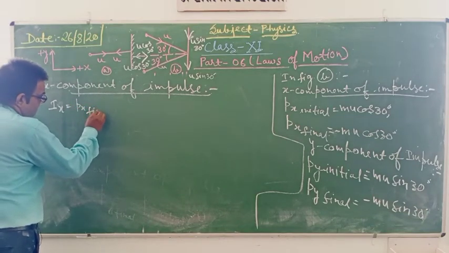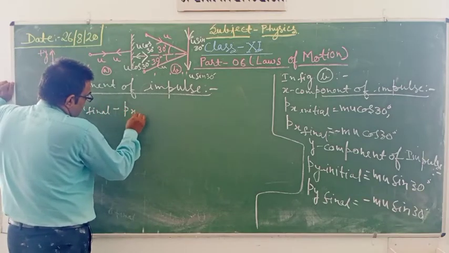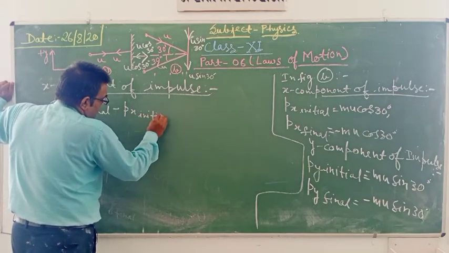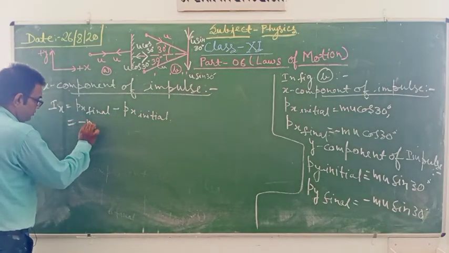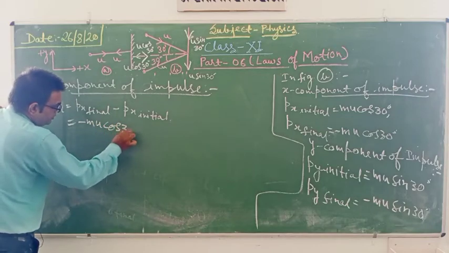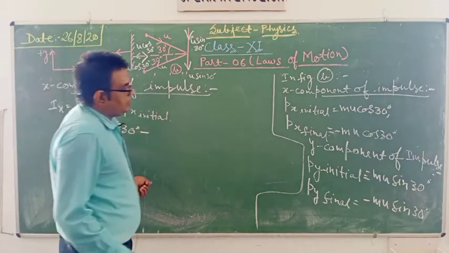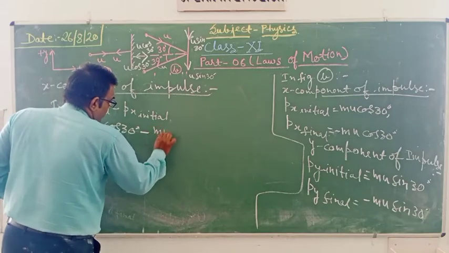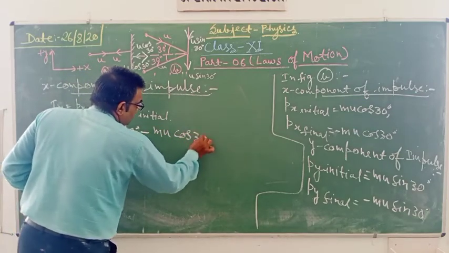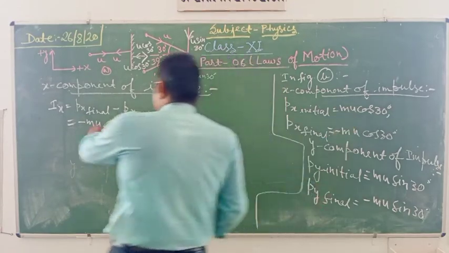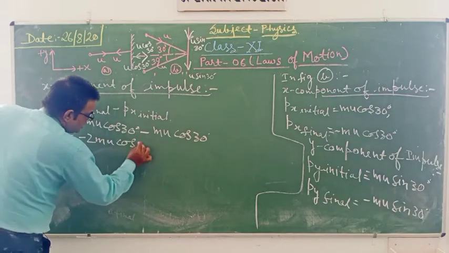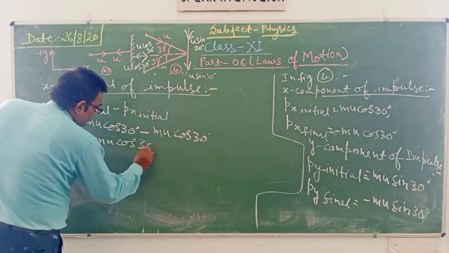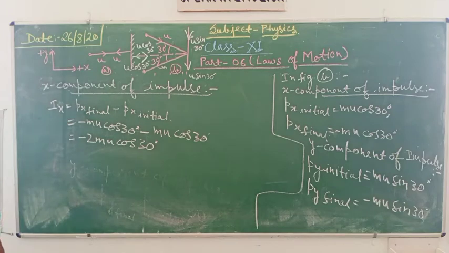The value of Px final is minus mu cos 30 degree, minus mu cos 30 degree, this is the final value, this is the initial value, and you can write it as minus 2 mu cos 30 degree.